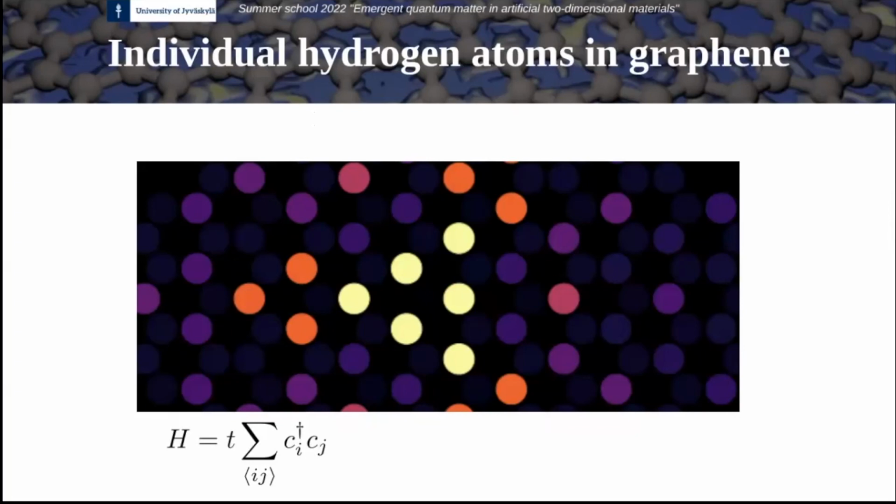In particular, this is a really fascinating state because it's a bound state in a semi-metal. It's not a bound state in a metal, and it's not a bound state in an insulator. This means that this bound state is not well screened because graphene is not a metal, and it is also not exponentially localized because this is not a semiconductor.